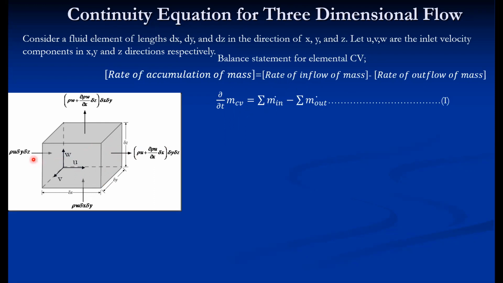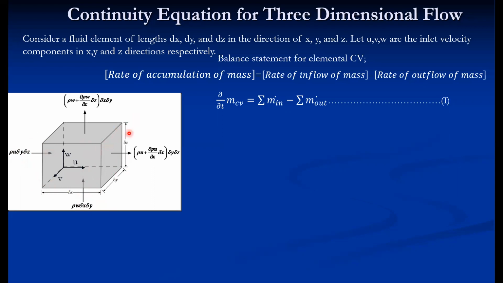minus the rate of outflow. As there is more than one inflow, we consider the summation of all inflows: mass entering from the left, from the bottom, and from the back face. So all three are inflows here. To avoid crowding, only two entries are shown. But in actual practice, there are three entries: the left face, the bottom face along the z direction, and the back face along the y direction.